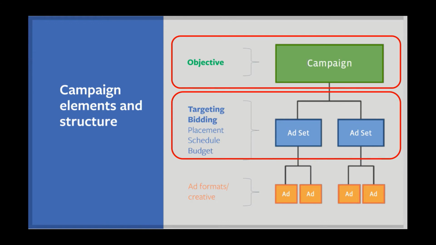Bidding is where you set how you want to buy the media, either automatic bidding or manual bidding. Then placement. This is where we define what channels and ad units we want to play on. From the Ads Manager platform, we can place ads across all of their channels. That includes Facebook, Instagram, Facebook Messenger, and more.